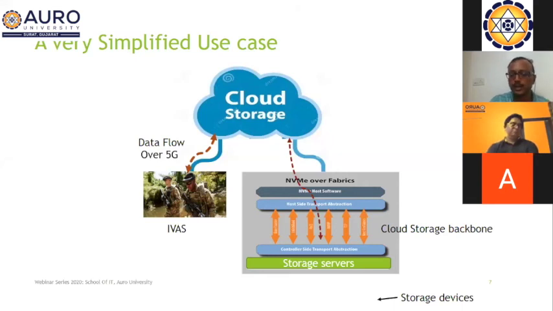So it is not just 20 gigabit per second, but 20 gigabit per second for each device in a given area. So these 5G enabled devices are going to generate a lot of traffic on existing storage architecture and storage systems. That is an important point.